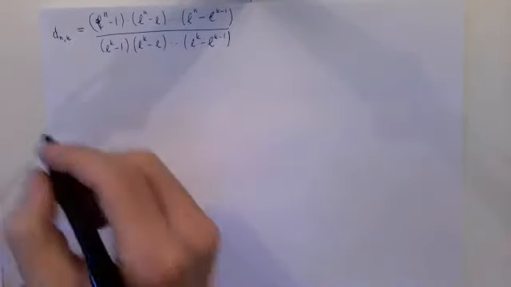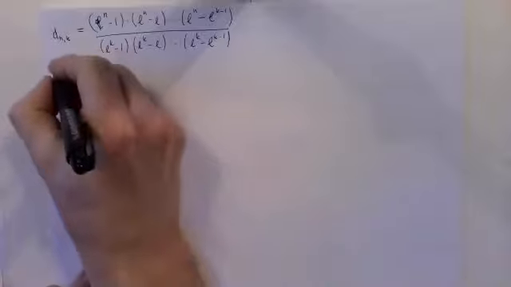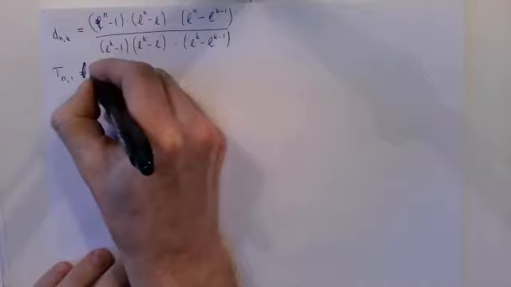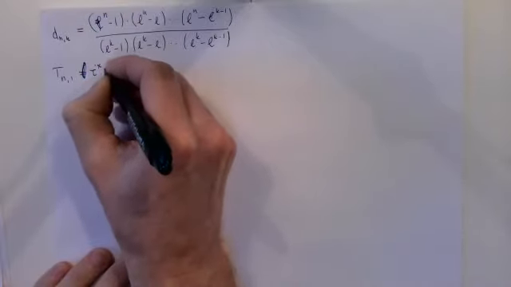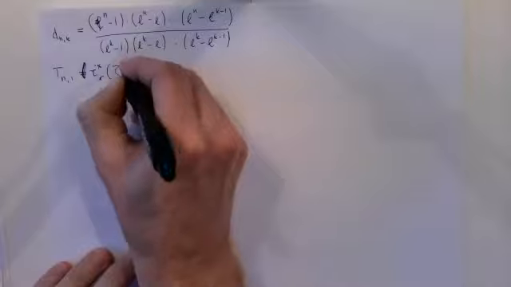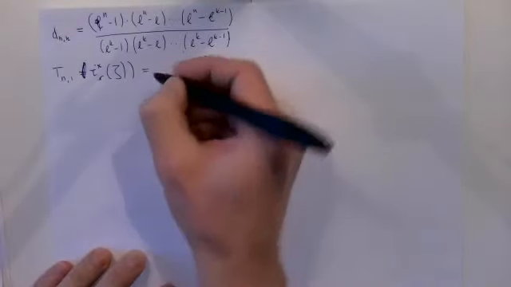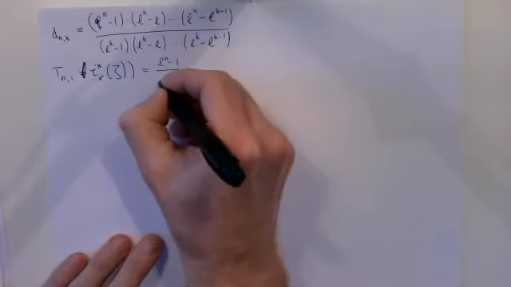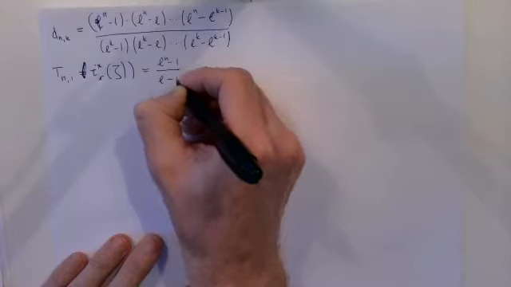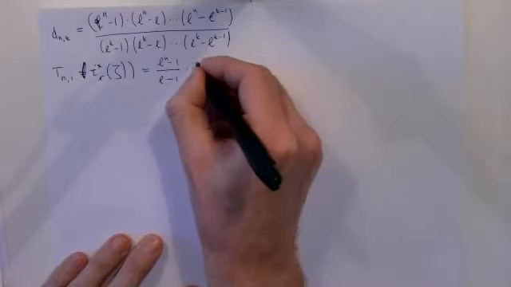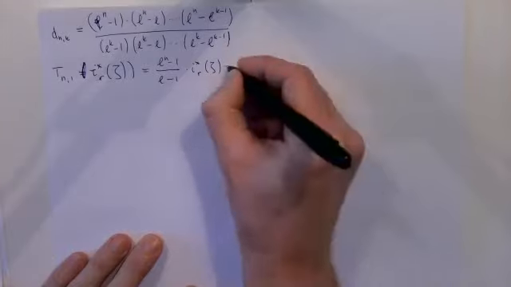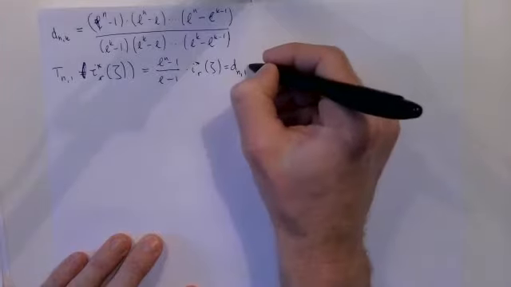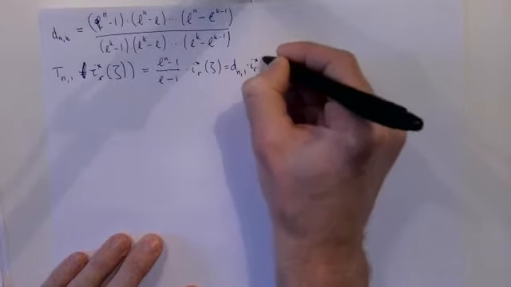Okay, so we already proved that T_{n,1} of I star of right inclusion of zeta is equal to (L^{n-1} minus 1) over (L minus 1) times I star R zeta, which is precisely d_{n,1} times I star R zeta.